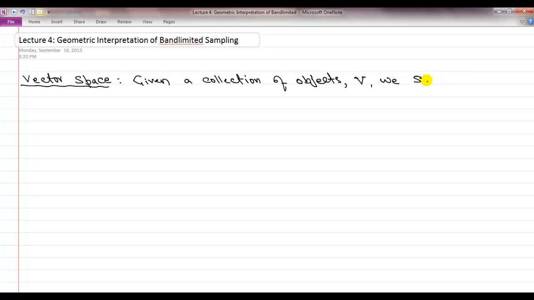We say that V is a vector space over a real line. Vector spaces can be defined over complex too, but we will stick with the real case in here.